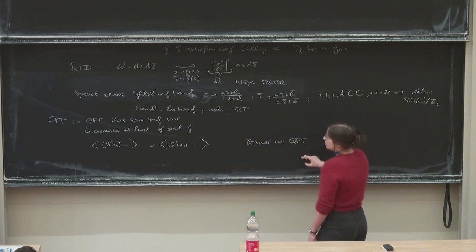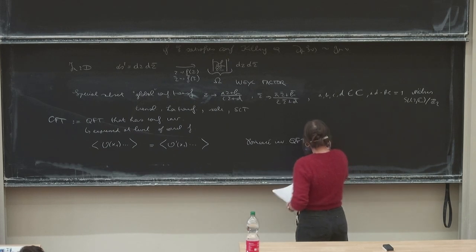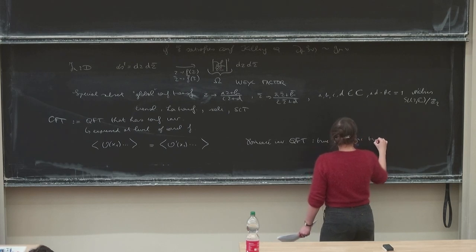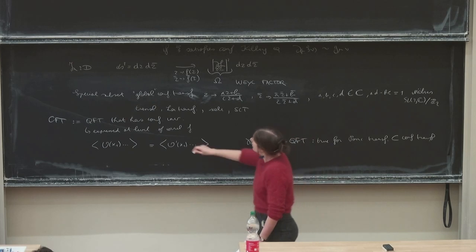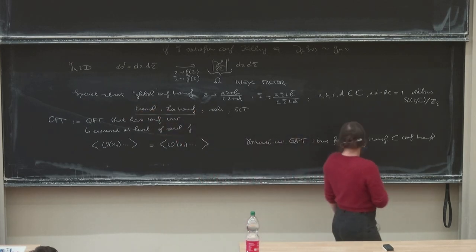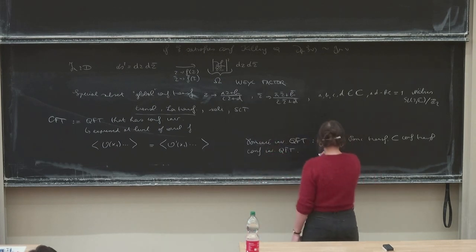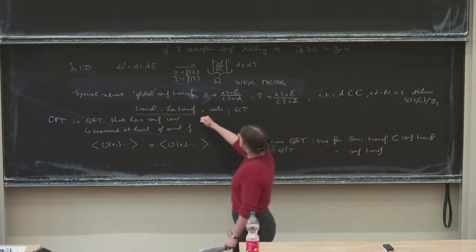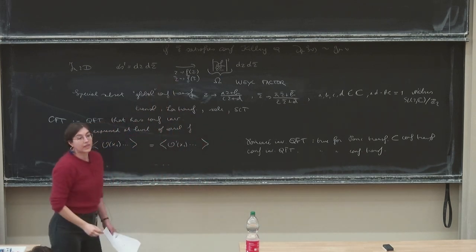So for a Poincaré invariant QFT, this statement about the correlators will be true, but only for the Poincaré transformations, which is a subset of the conformal transformations. Namely, it's just these ones, okay? And so in a conformally invariant QFT or CFT, this statement will be true for all conformal transformations, so also including scale and special conformal transformations, and in the case of 2D CFT, all these holomorphic transformations.